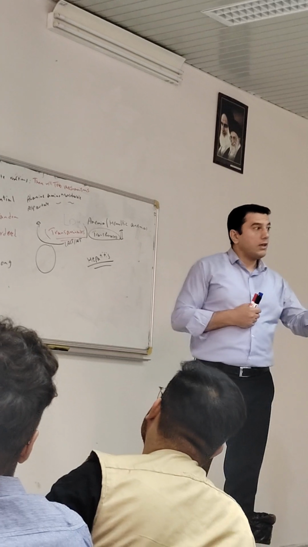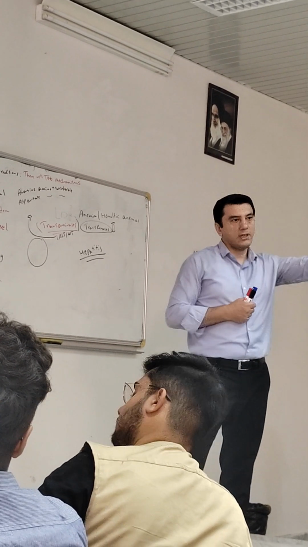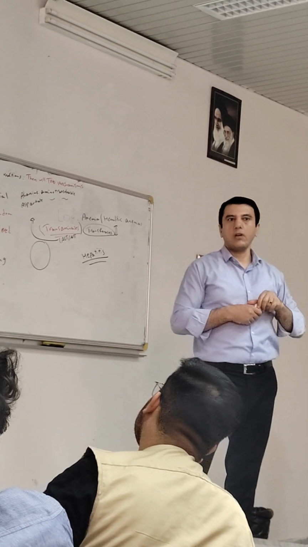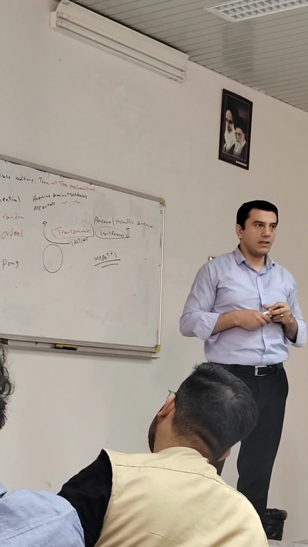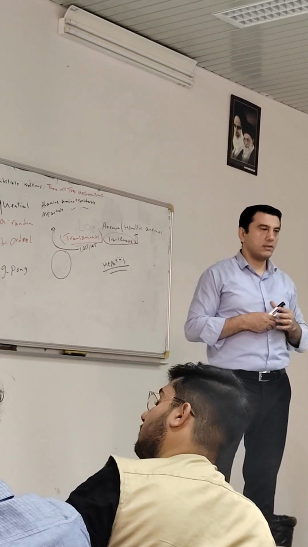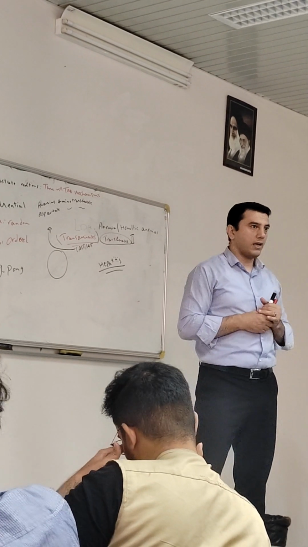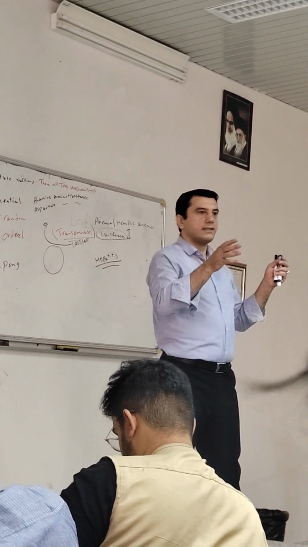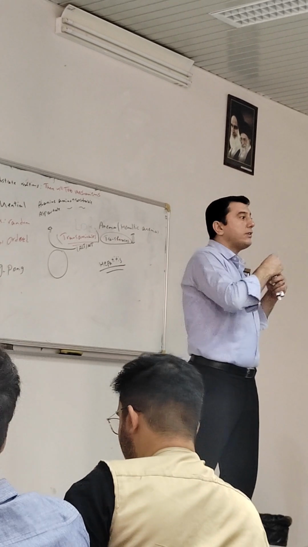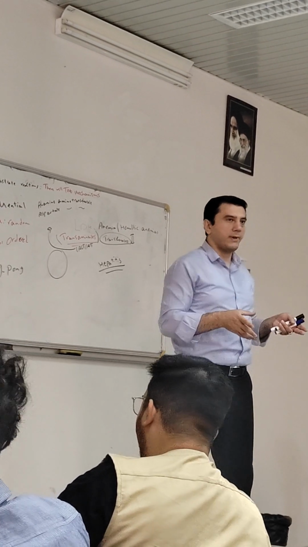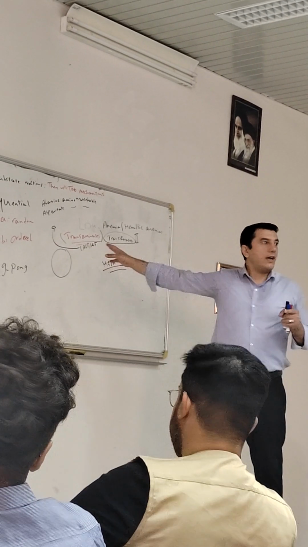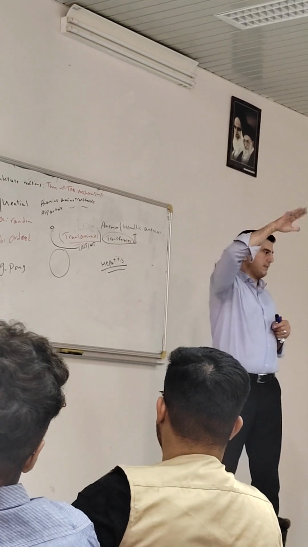So you can see such situations when, inshallah, you go to a hospital. You can see some patients who kill themselves, who attempt suicide with acetaminophen. In those patients, the transaminases will rise.